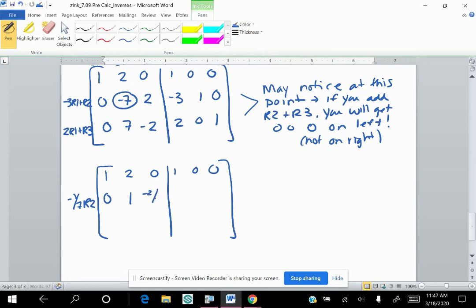Then I'll have negative 2/7. Then I'll have positive 3/7. Then I'll have negative 1/7 and 0.